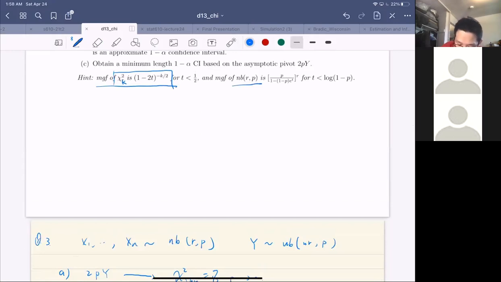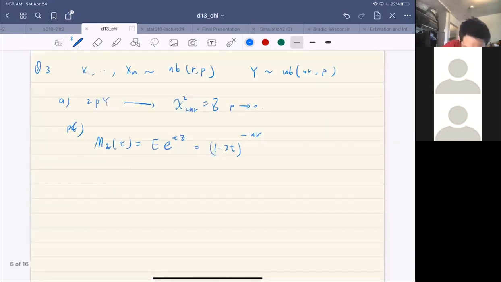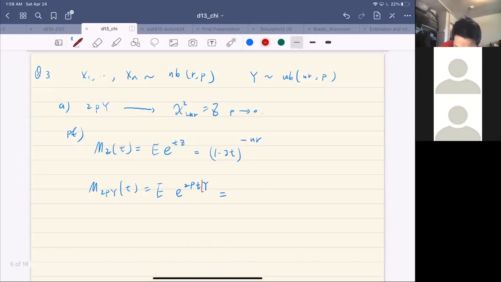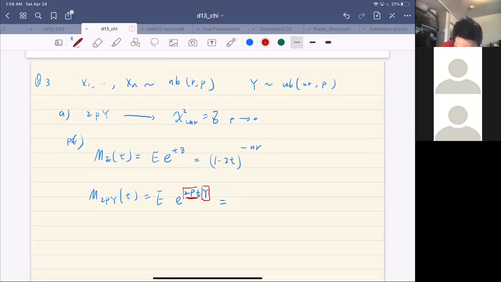And we find the moment generating function of this, the moment generating function of 2pY at t. So it should be the exponential of 2pty. So we can say this is a function, and you can say this is t.